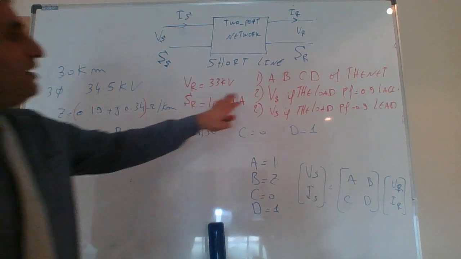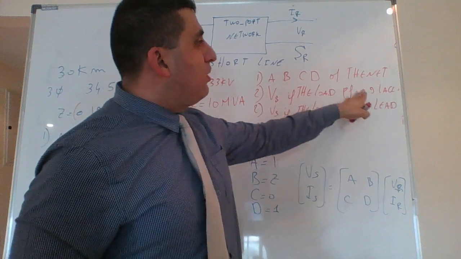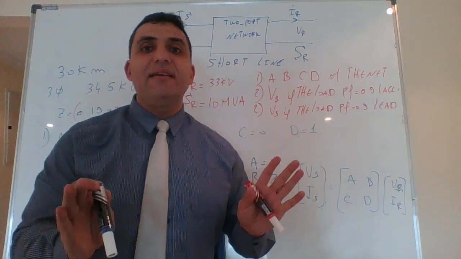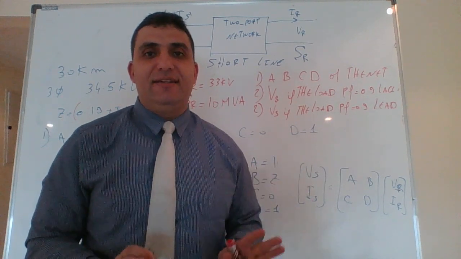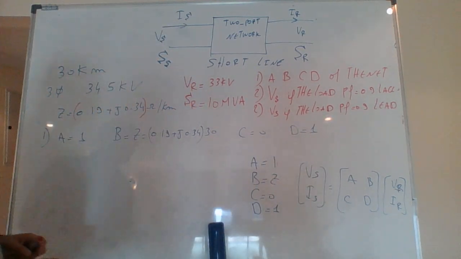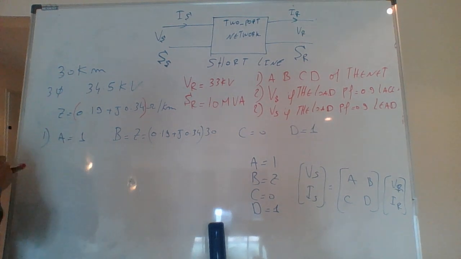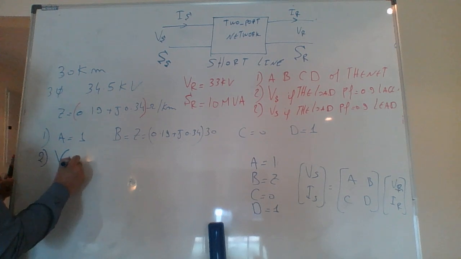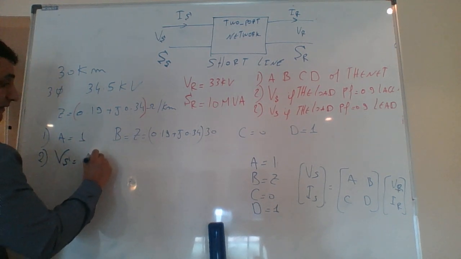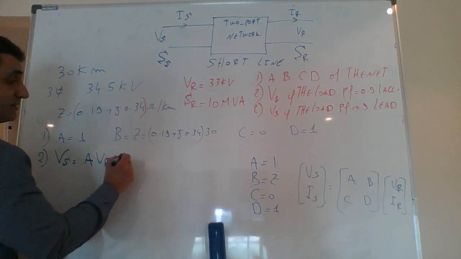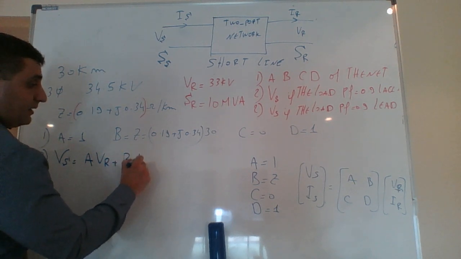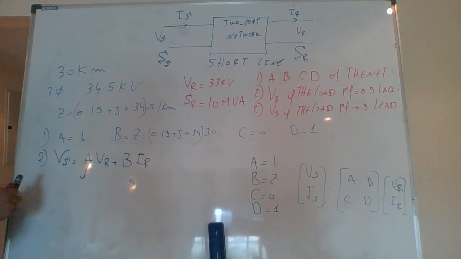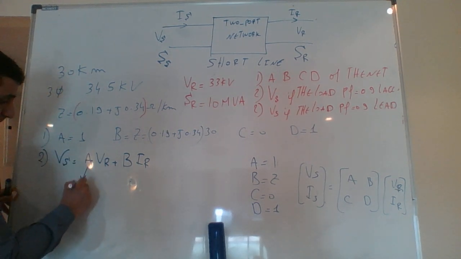Question number 2 is to find VS if the load power factor is 0.9 lagging. Great. I'll write the equation. VS sending is equal to A VR plus B IR. A we found to be 1.